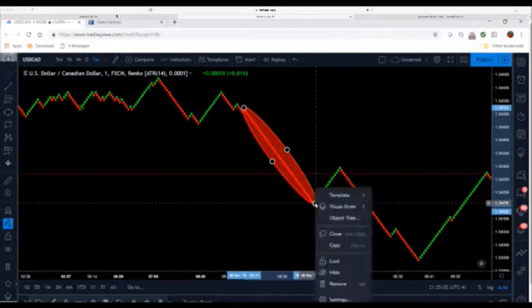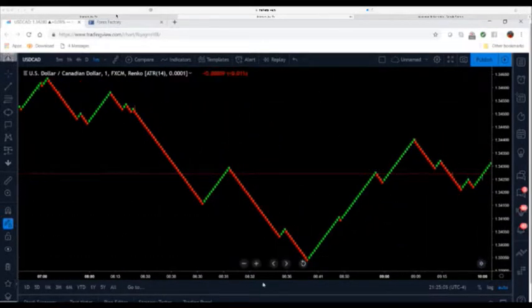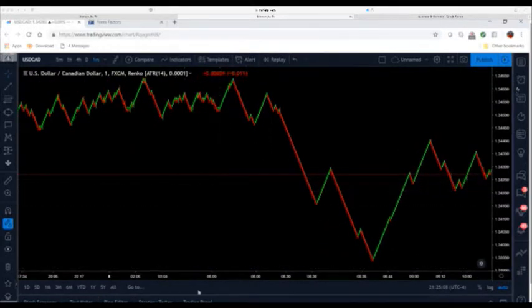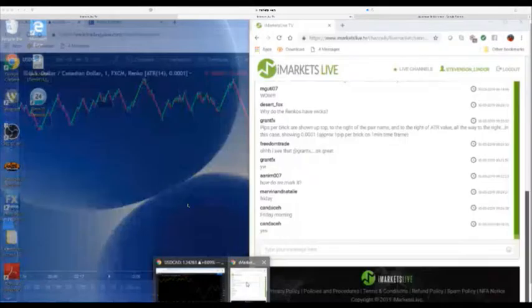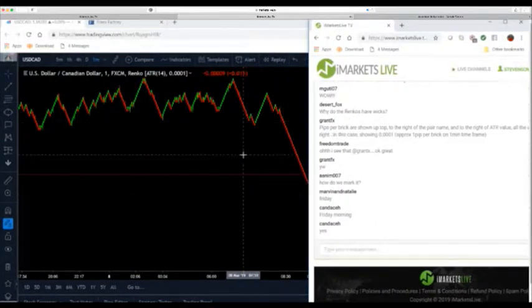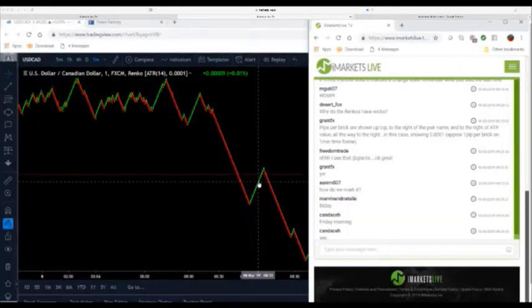All right, and what's great with Renkos, you guys should see something. What do you notice you see a lot better? Anybody want to take a wild guess? I'm going to get to how you mark it up and everything. I'm teaching.